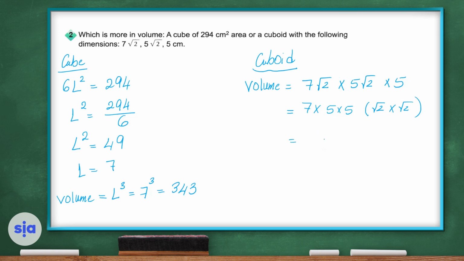So it is 350 centimeters cubed. So which one has more volume? The cuboid has more volume.